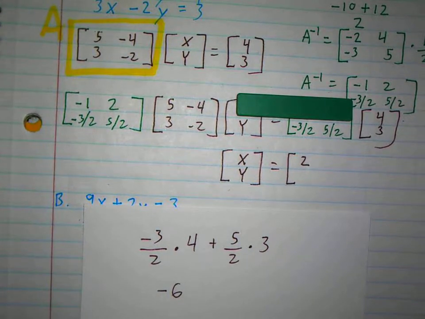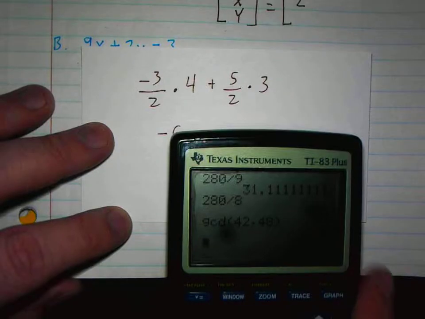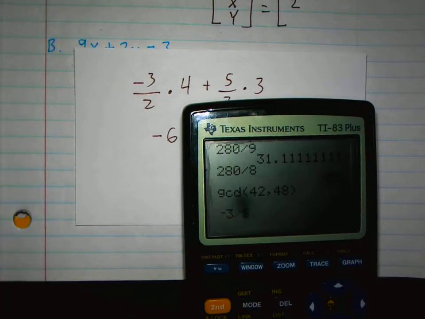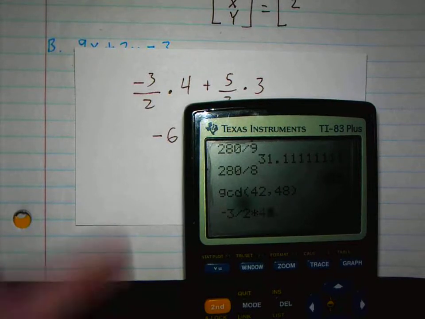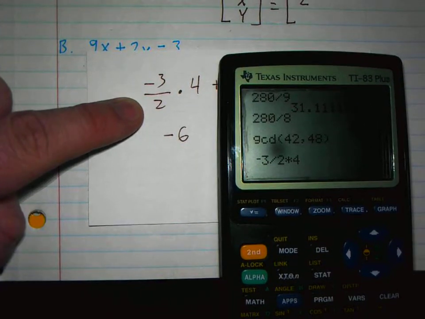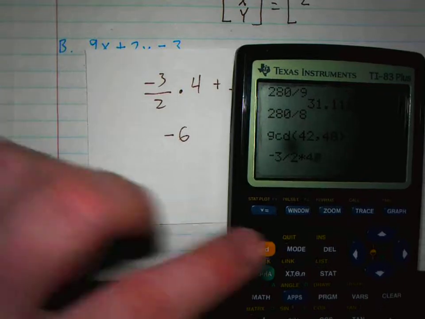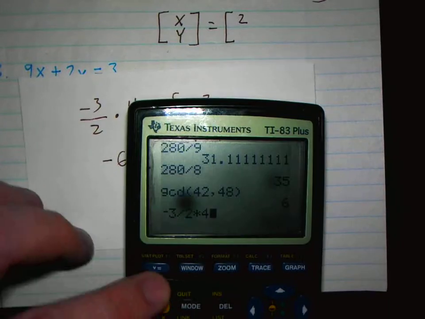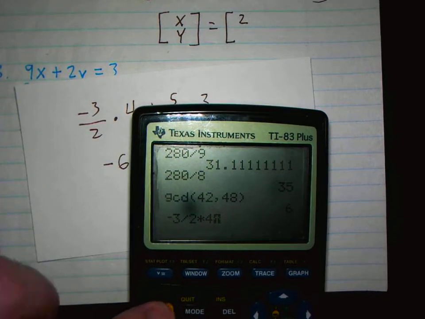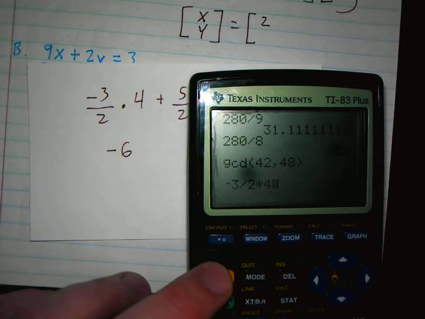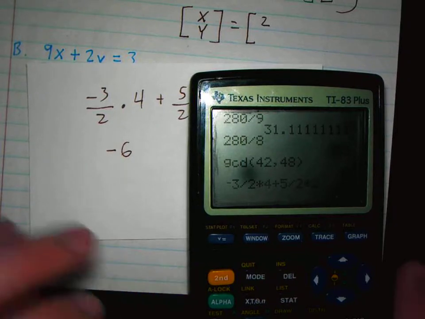You know one thing you can do if you don't like fractions? You can just type this in. Because I don't want you guys to get stuck on the fraction part. So -3 divided by 2 times 4, because I know it's kind of hard to see. And then plus 5/2 times 3.